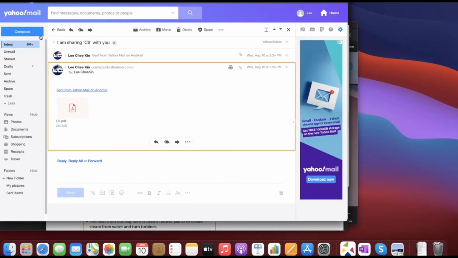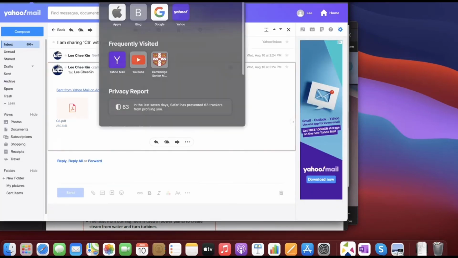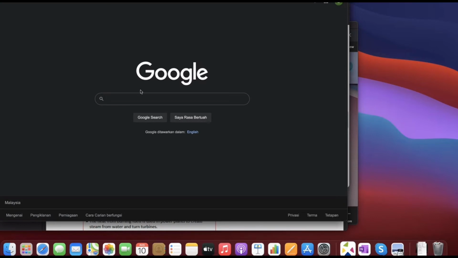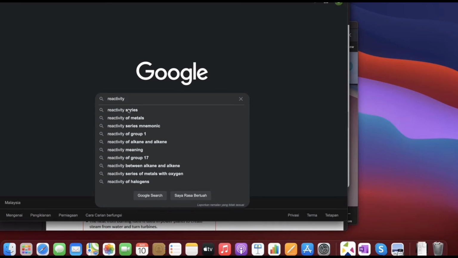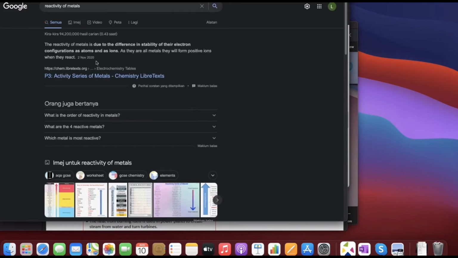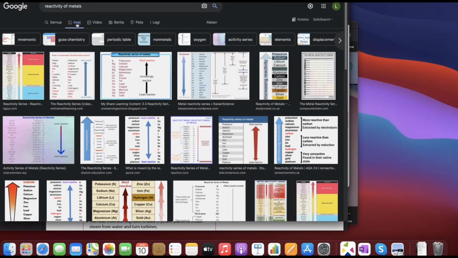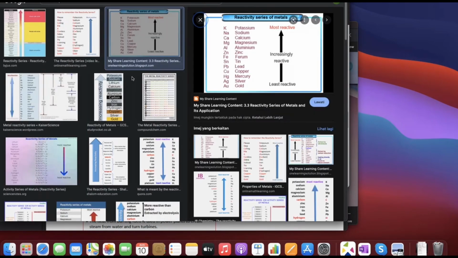Okay, so this is an example reactivity series. You can see copper at the bottom, less reactive, zinc on top, more reactive. So this is the series.